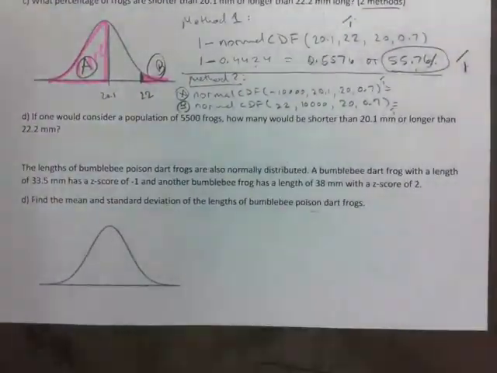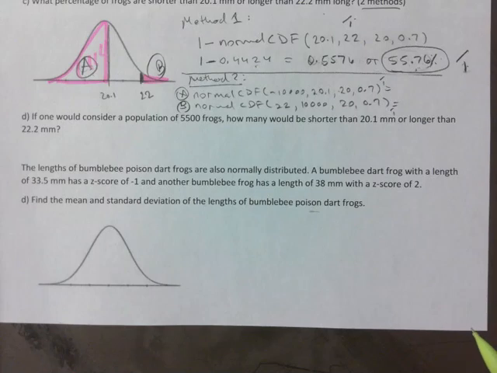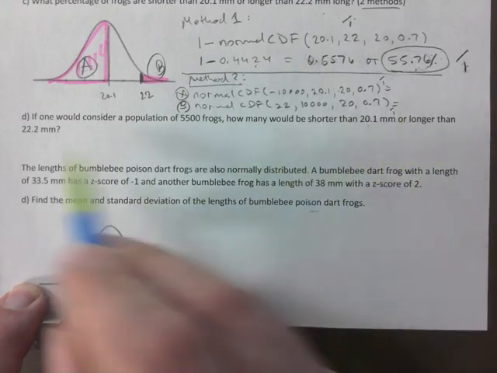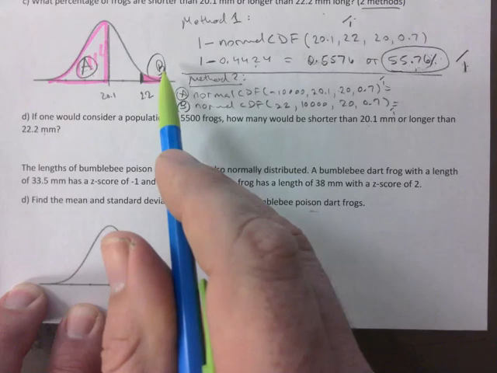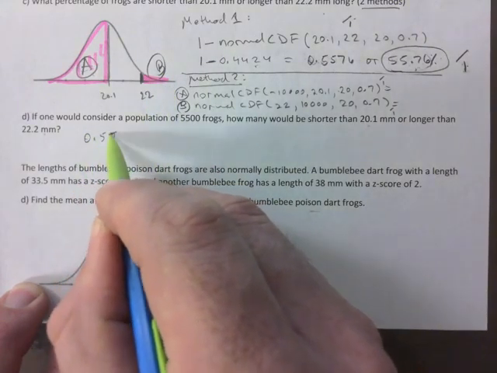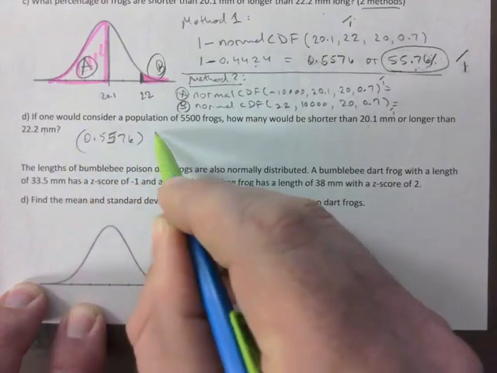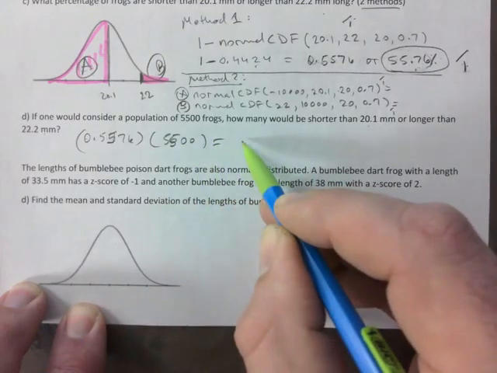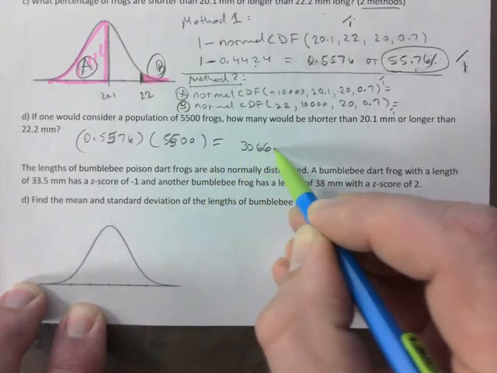If one would consider the population of 5,500 frogs, how many would be shorter than this or longer than that? This is based on the previous question. So you just go 0.5576 and you just multiply it by the number of frogs. And that gives you 3,066.8.